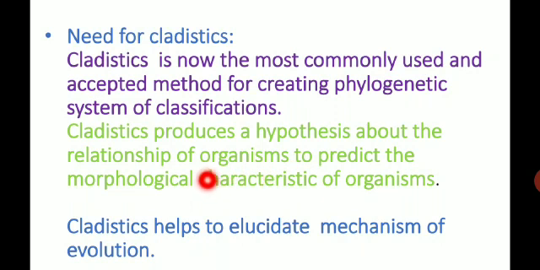Morphological characters means only external characters. External means the shape of the flower, leaf, fruits, etc. Third one is that cladistics helps to elucidate the mechanism of evolution.